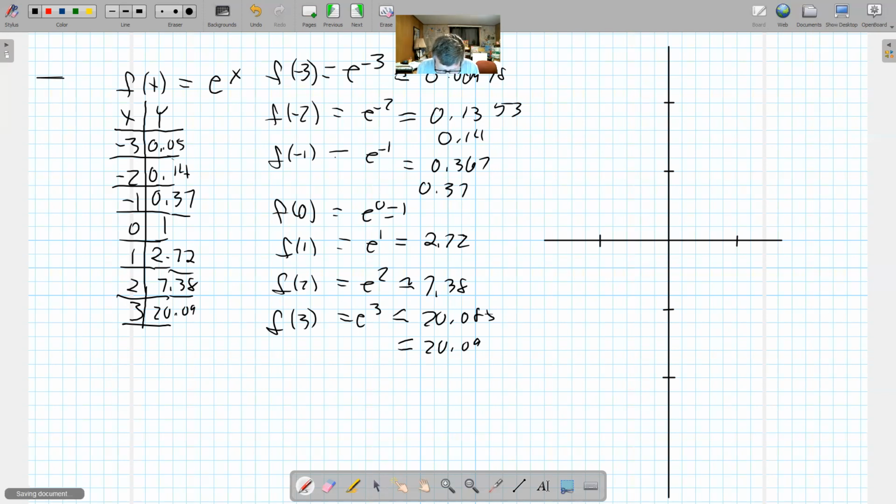Let's see, at -3, really close to the x-axis. At -2, we're up just a little bit. At -1, a little bit more than a third. At 0, 1. At 1, it's at 2.72. At 2, it goes up to 7.38, again approximate, and at 3 it goes up to 20, which is off the graph.